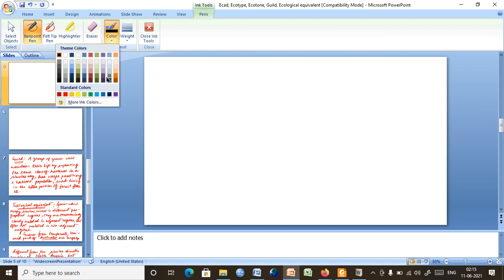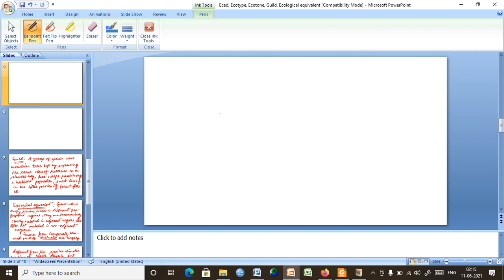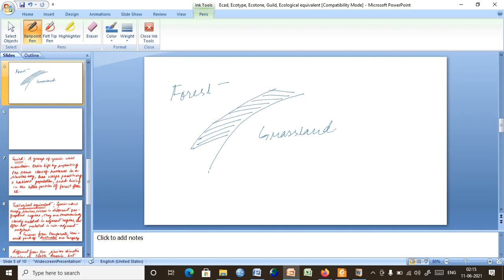Just simply imagine this depicted by forest, and this is the grassland portion. And this intermediate part, this is the junction or transitional zone between two diverse communities.